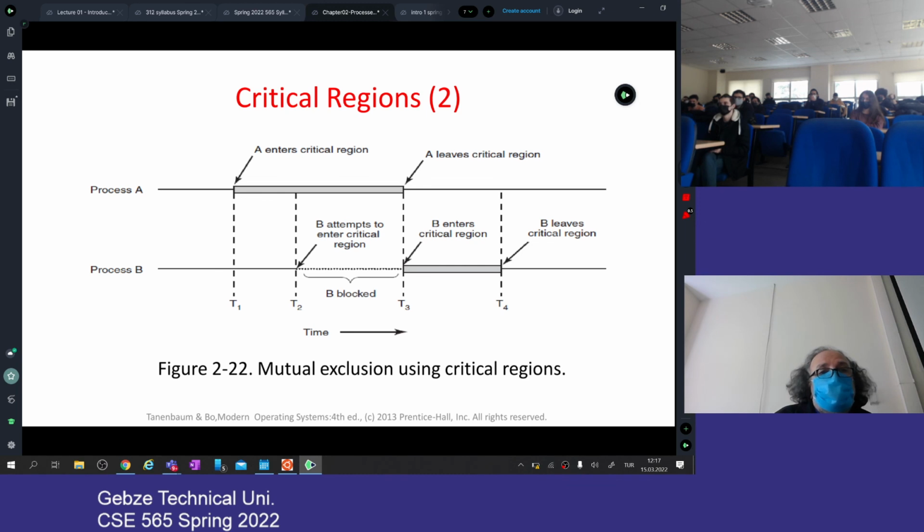I can't let a process disable the interrupts. Why? Because if it disables the interrupts and then crashes, the whole system is down. Without the interrupts, my computer cannot continue, and my operating system is not coming back. So I can't let any ordinary process disable interrupts by itself. So that's a bad solution.